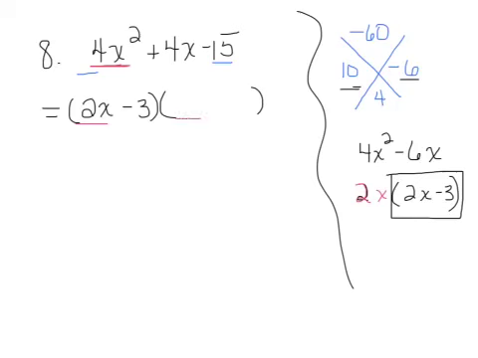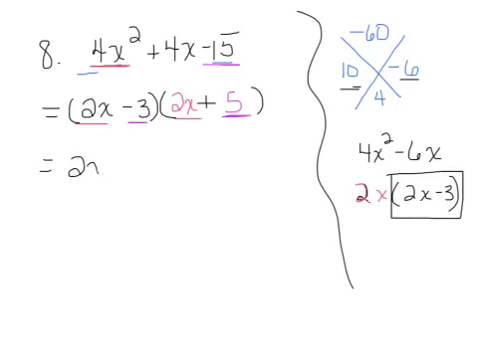Well, that tells me that I need to just multiply that by 2x. 2x times 2x gives me 4x squared. And then if I want to get negative 15 with my last term, I have to multiply negative 3 times something to give me negative 15. That's going to give me a positive 5.